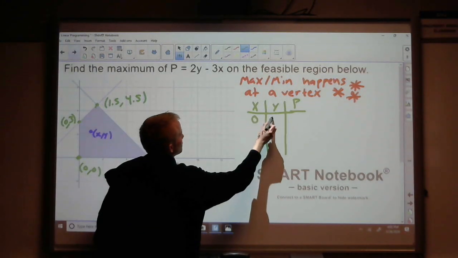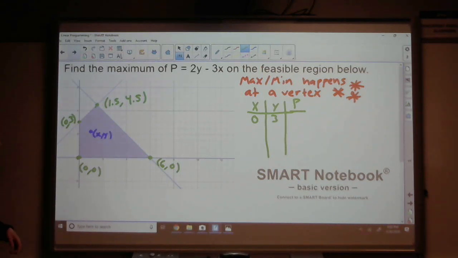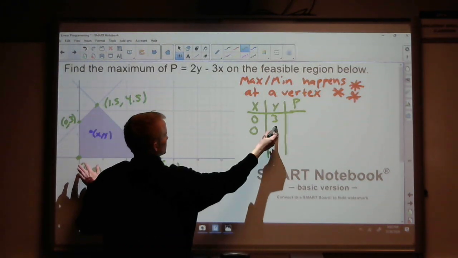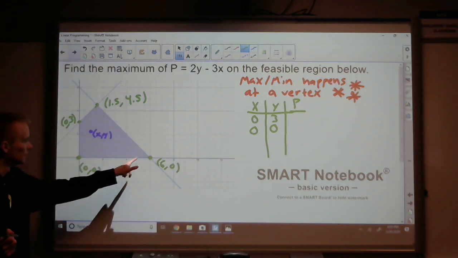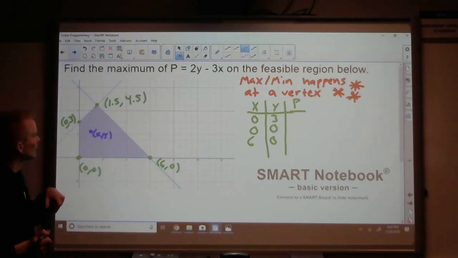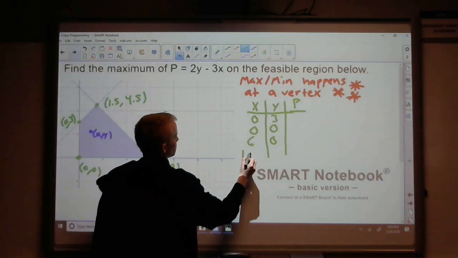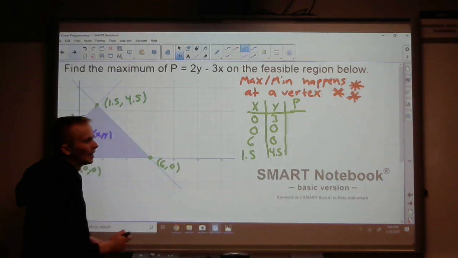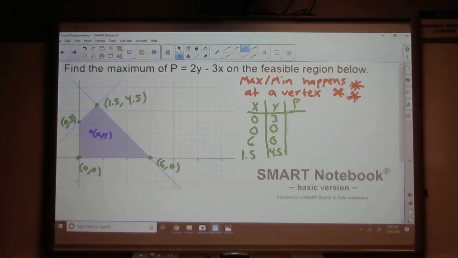My x was 0, my y was 3. My second one, we'll maybe say is at 0, 0. Third one is 6, 0. And then my last one, the kind of weird one, is 1.5 and 4.5. Those are my vertices of this shape.